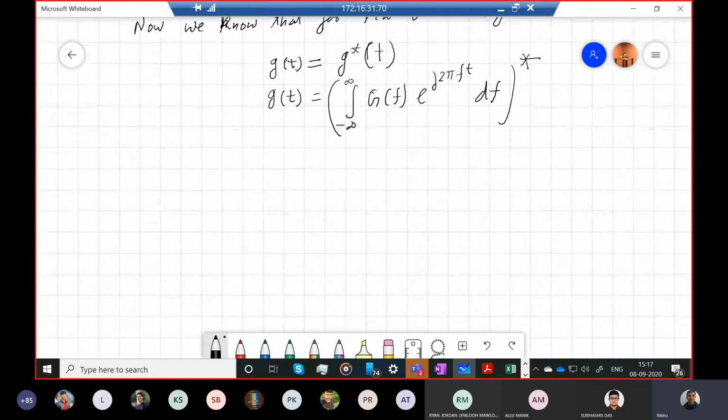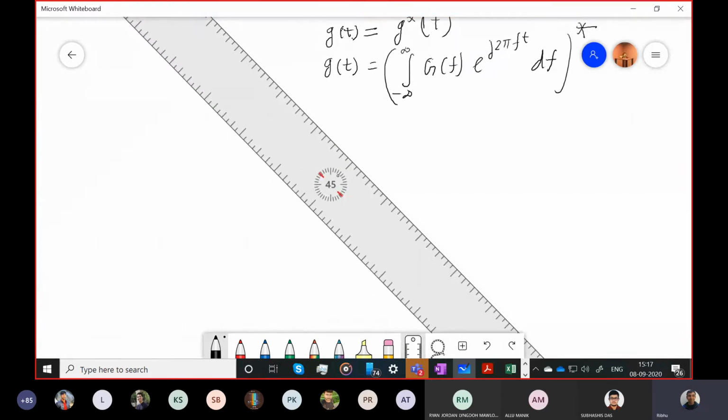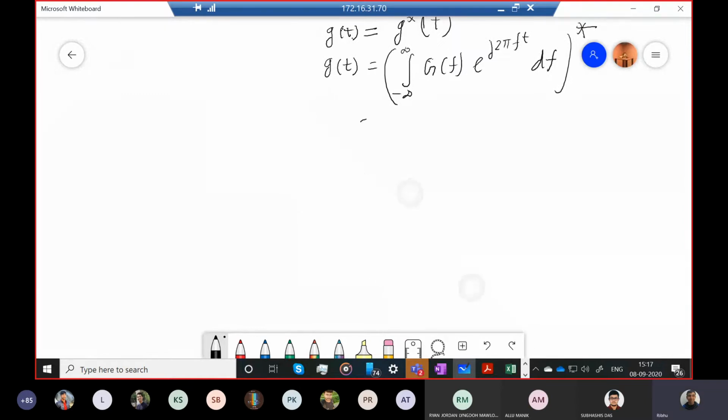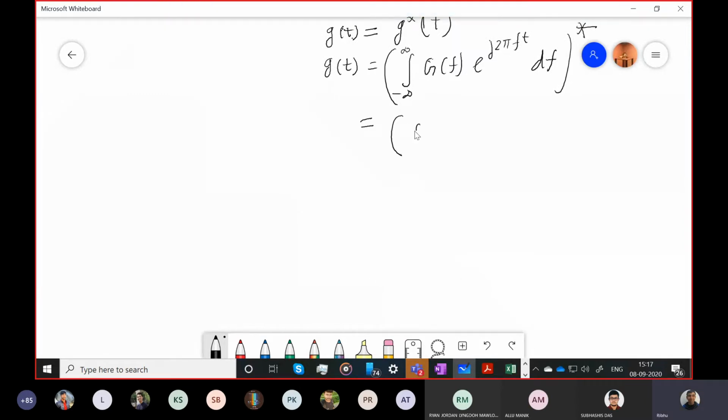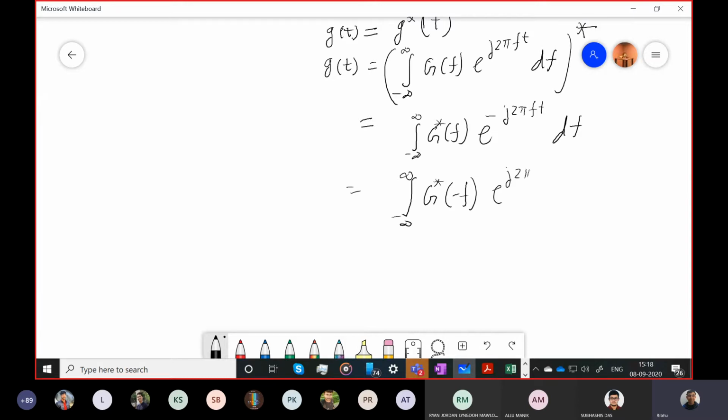Fine. Equals the integral from minus infinity to infinity of G conjugate of f times e to the minus j 2 pi f t df, which is the integral of G conjugate of minus f times e to the j 2 pi f t df. Fine.